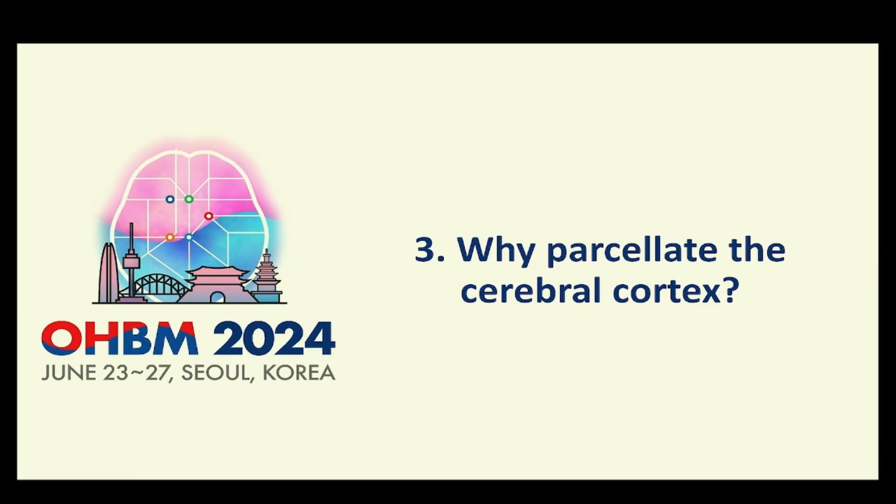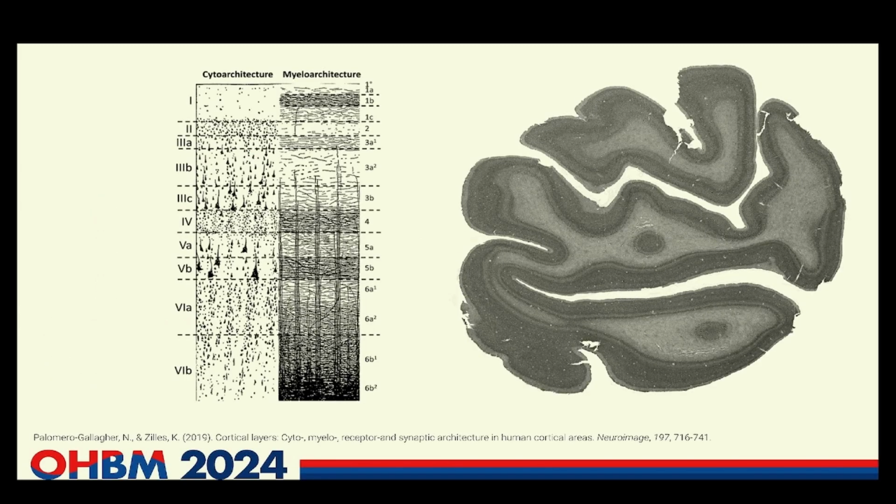Moving on to the next part of the talk, why are we interested in parcellating the cerebral cortex? So if we go back to the fundamental organizations of the cerebral cortex, we know that it is a layered structure. In general, there are 6. There are 2 different types of properties that we're interested in when we're talking about the layering of the cerebral cortex.